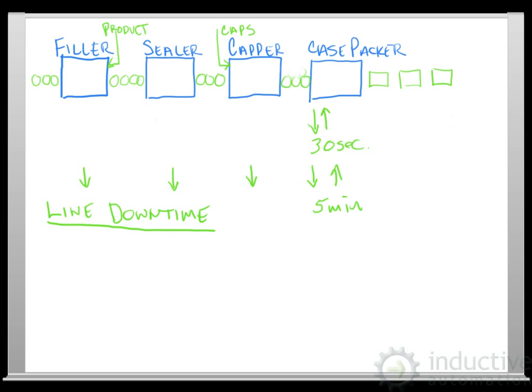But we're interested in this line downtime, and we do want to blame, in this example, the case packer. And we want to know the reason too. The case packer went down, maybe, had something to do with, I don't know, the case drop or something like that, case drop jam.